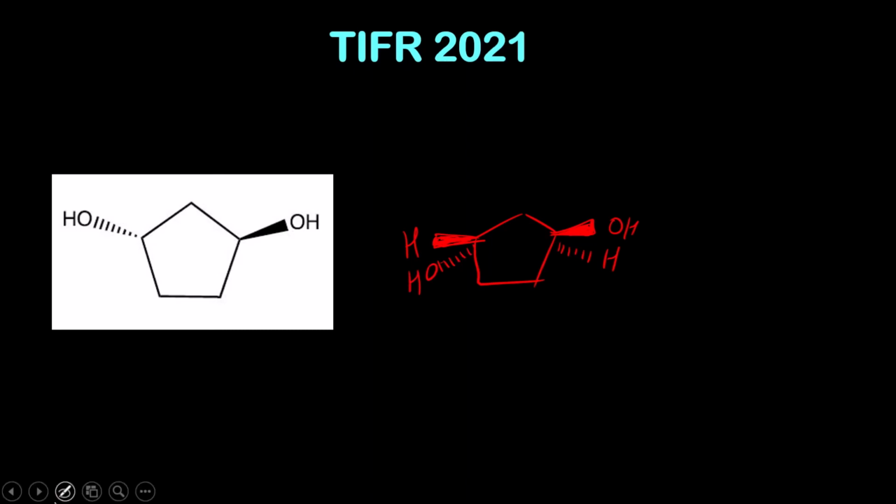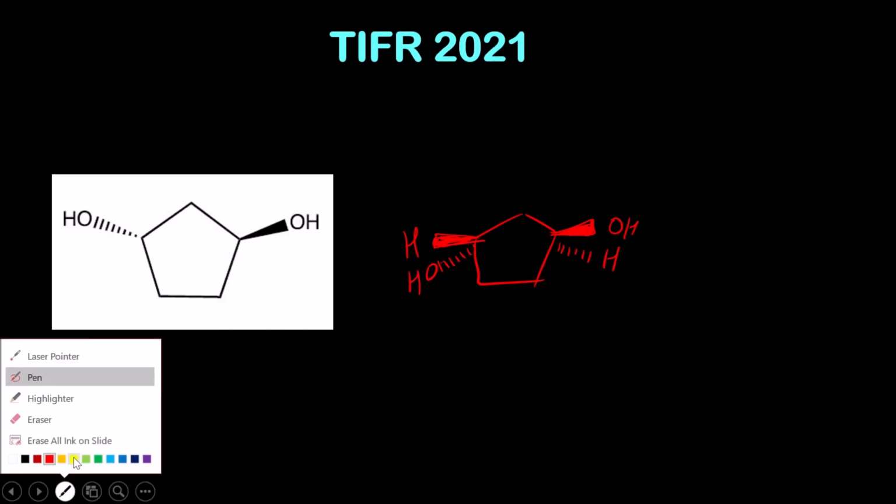Now let us see the next molecule. Let us first draw the molecule. OH is on the wedge, hydrogen is on the dash bond. Here hydrogen is on the wedge and OH is on the dash bond.